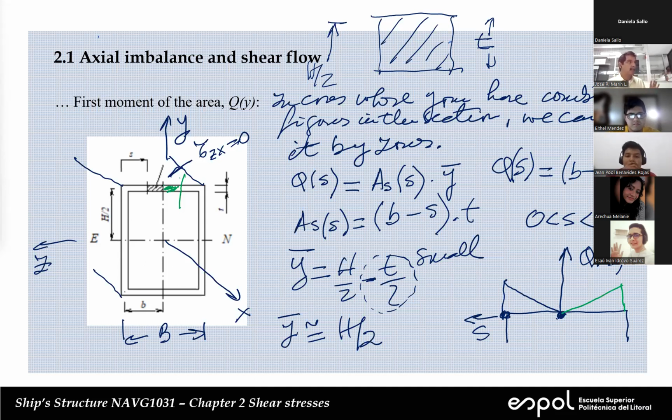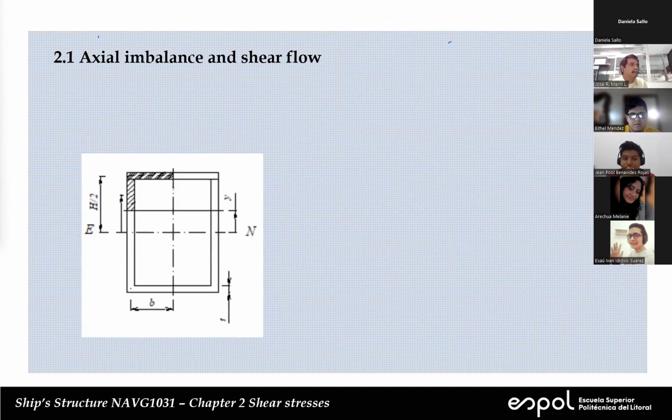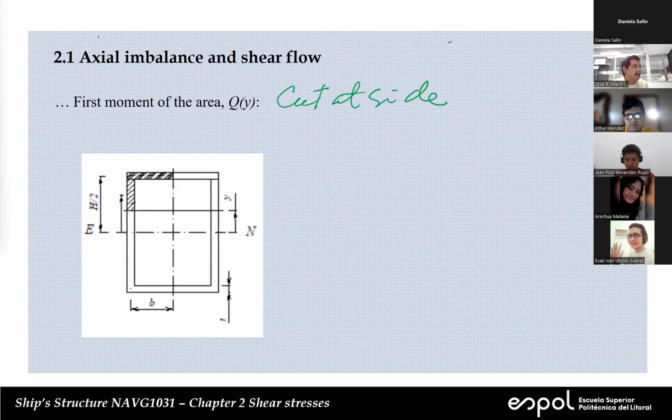Now, we have calculated the first moment if we make cuts on the deck of this barge. Now, let's consider a cut on the side here. I don't like that color. Let me see if I can recuperate.